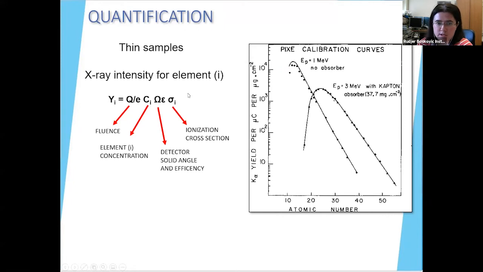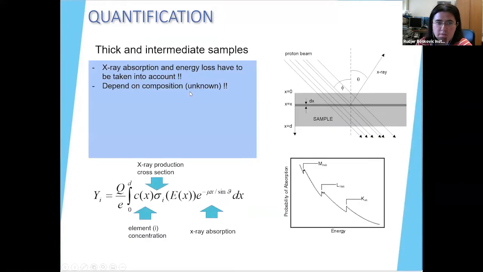In the case of thick and intermediate samples, we also have to take into account that our protons lose energy while passing through the sample. And as you know now, the ionization cross-sections are dependent on the energy of the ions passing through the sample.